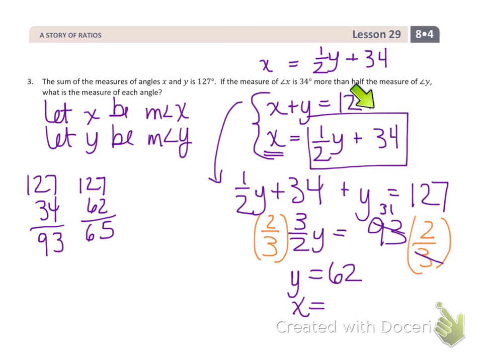Subtract 62, and you get x equals 65 degrees. Those are the measures of angle x and y, and that's what we're asked, right? What is the measure of each angle? The measure of angle y is 62, and the measure of angle x is 65.